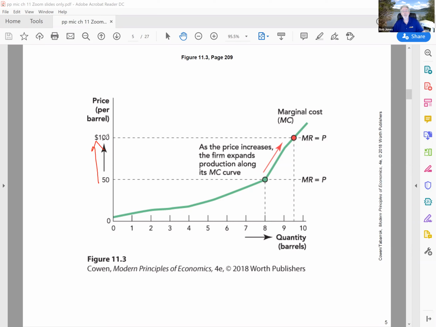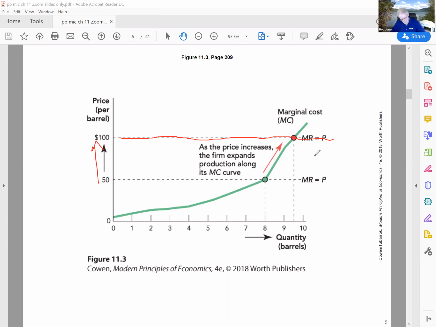If that happens, what will this individual producer going to do? Well, now he says, wow, I can sell as much as I want at a price of $100 per unit. My marginal revenue is now $100 per unit. So the MR curve is now going to be here.